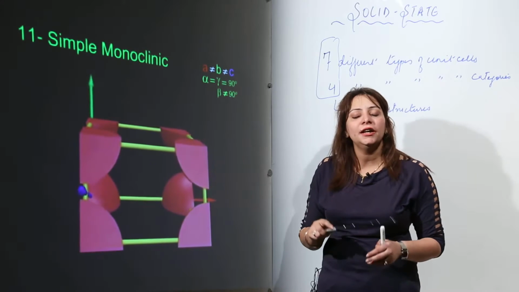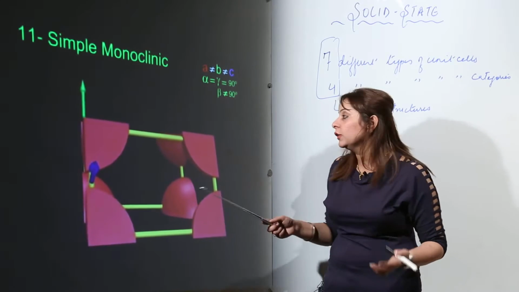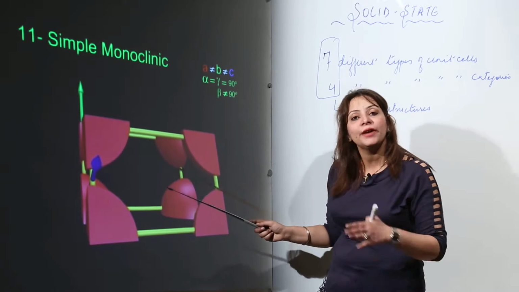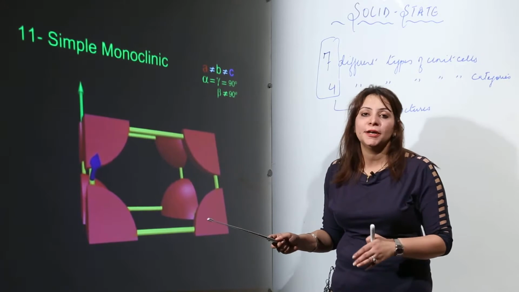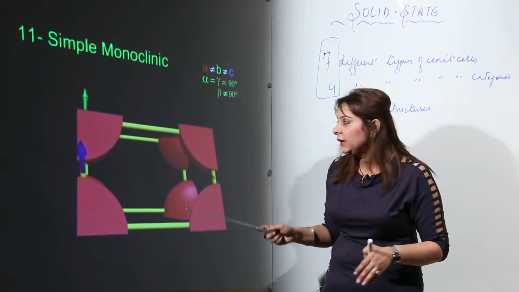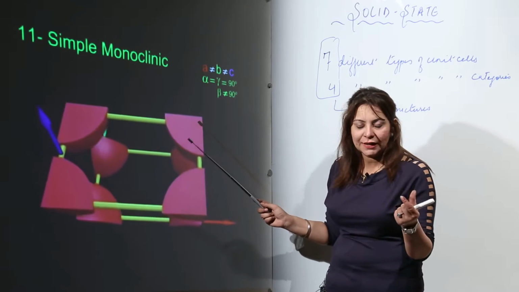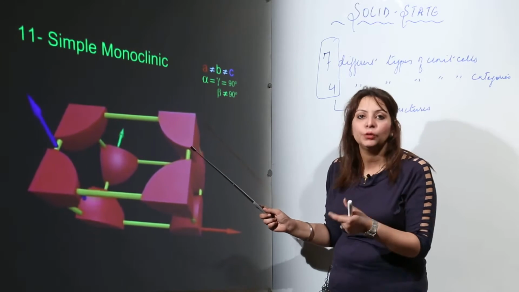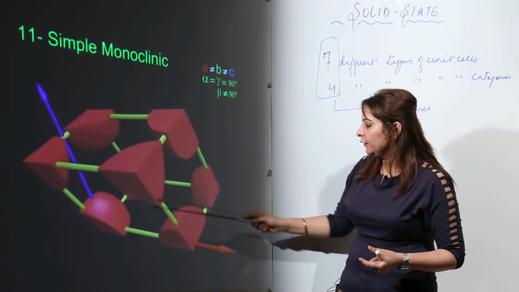Again the particles are arranged at each of the 8 corners. So what total number of atoms do you have? You have 8 atoms. Each atom at a corner contributes 1/8 to the given unit cell. That is why we have shown them in broken pieces, which is the actual contribution in the particular unit cell. So this is the monoclinic form.